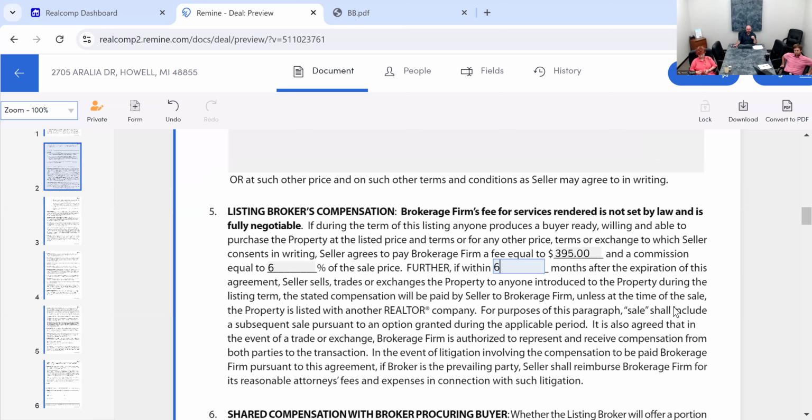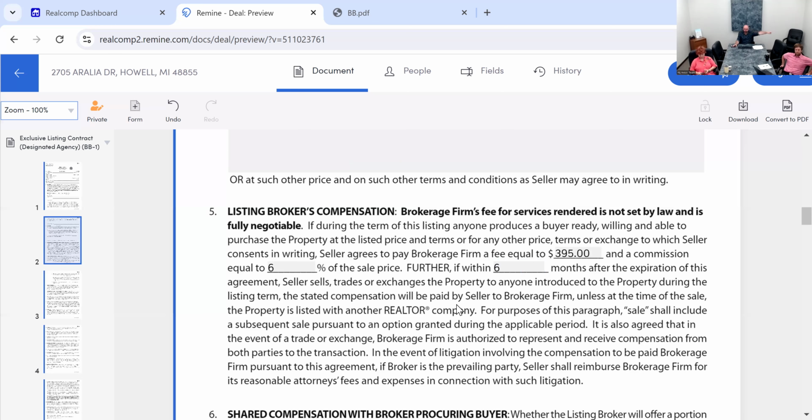Unless at the time of the sale, the property is listed with another realtor company. That is a very significant clause, the unless at the time of the sale. So they're not able to cut you out as a listing agent entirely by waiting for the expiration and then going straight to the buyer who is interested and working out a deal with them.